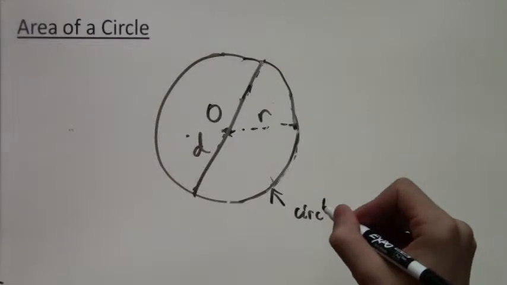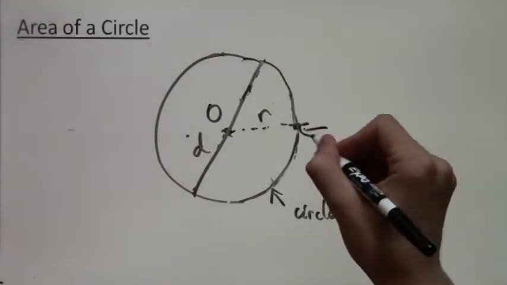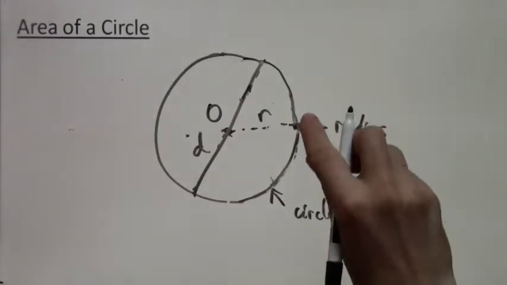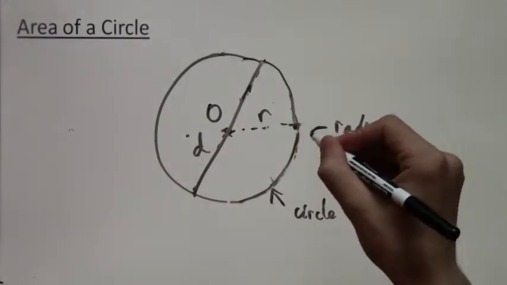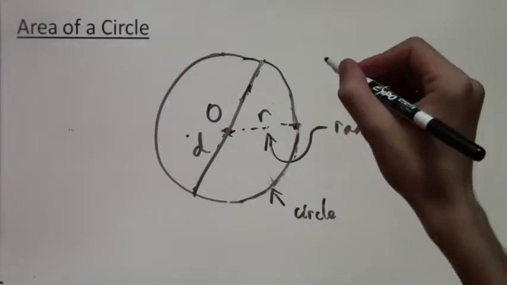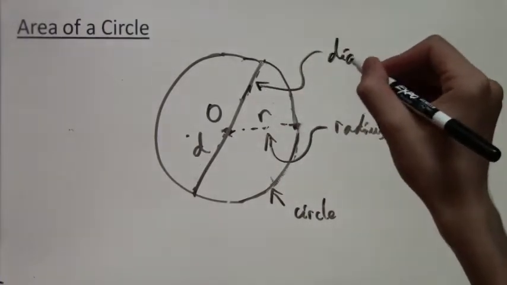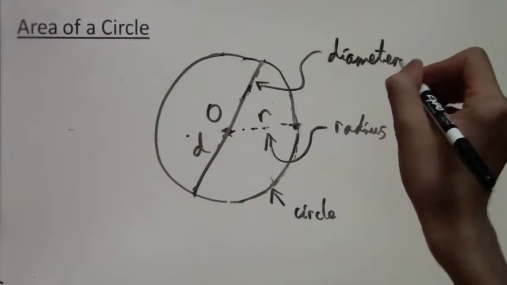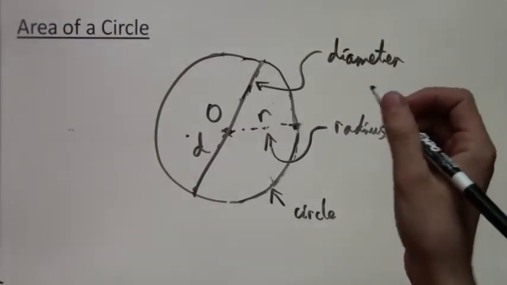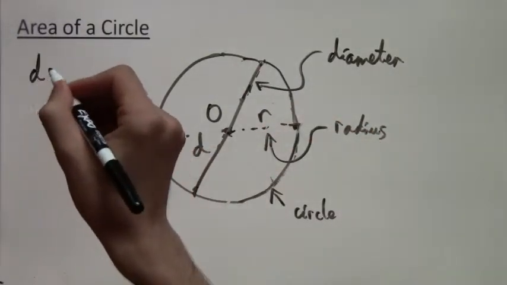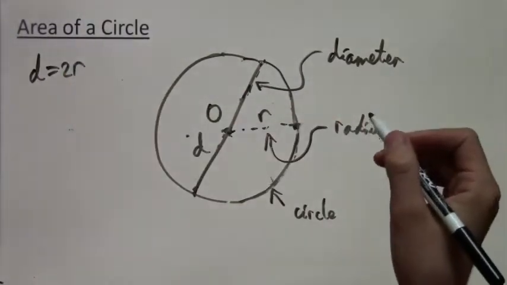So it's actually two radii that are next to each other, connected at the origin. So there is no other line that can be contained in the circle and have a length greater than the diameter. The diameter is the greatest length across. And of course, as I said, d equals 2r.